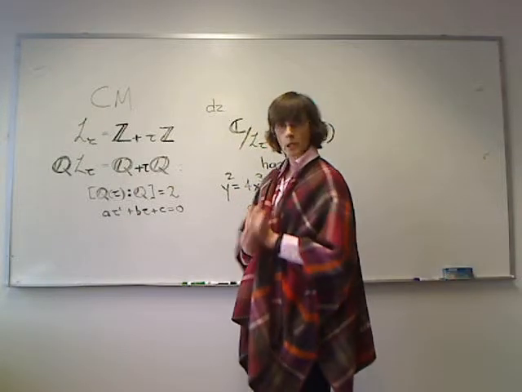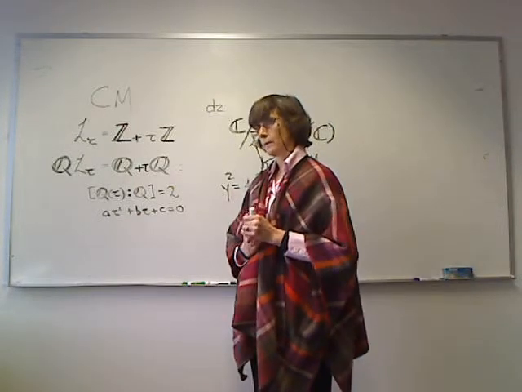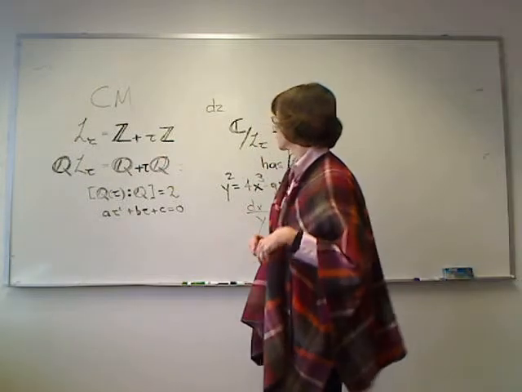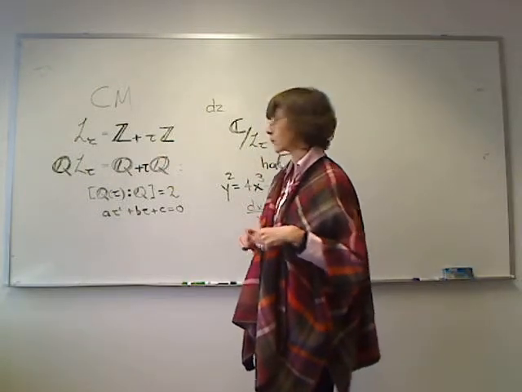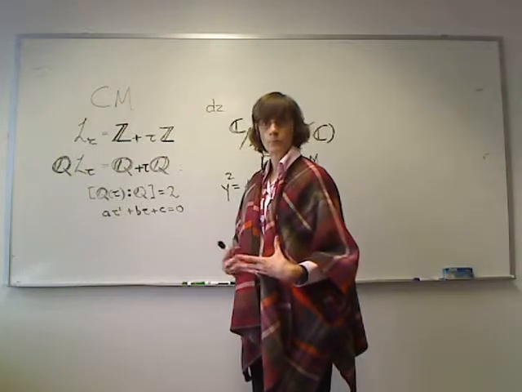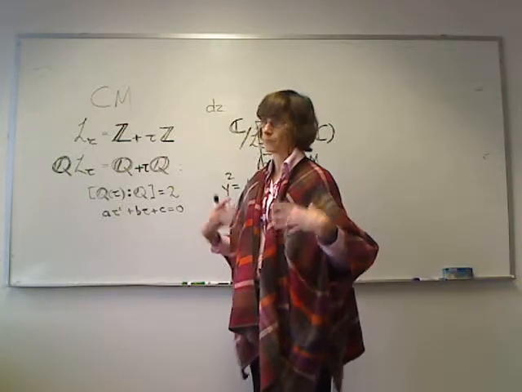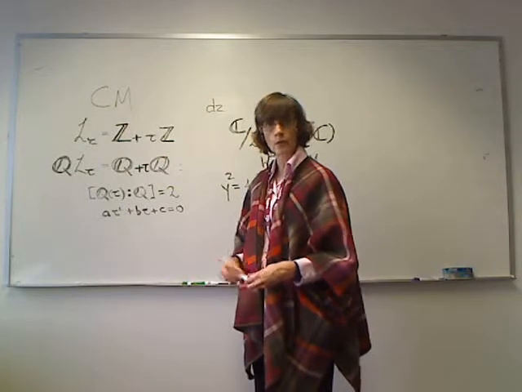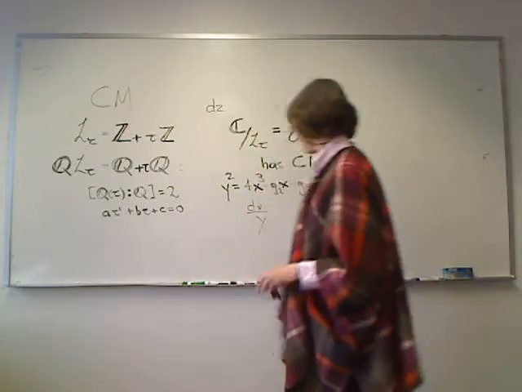The techniques used by Schneider and used by myself, Wolfart, and Shiga, and used in this paper that this is the video abstract of, use techniques from transcendental number theory, which is a theory of numbers designed to decide whether numbers are transcendental or not in a rigorous fashion.